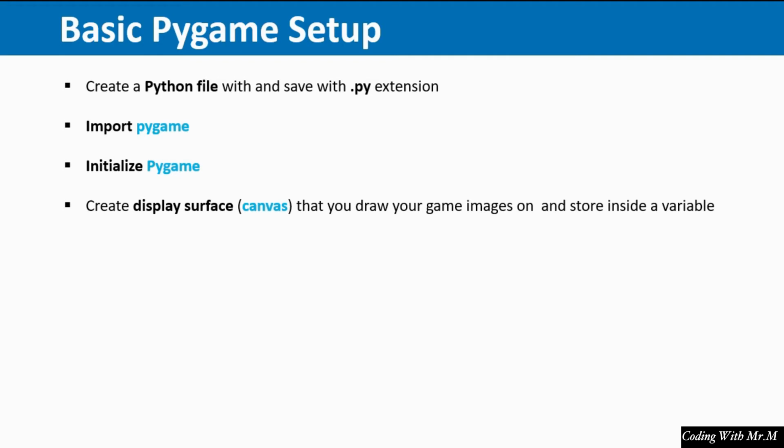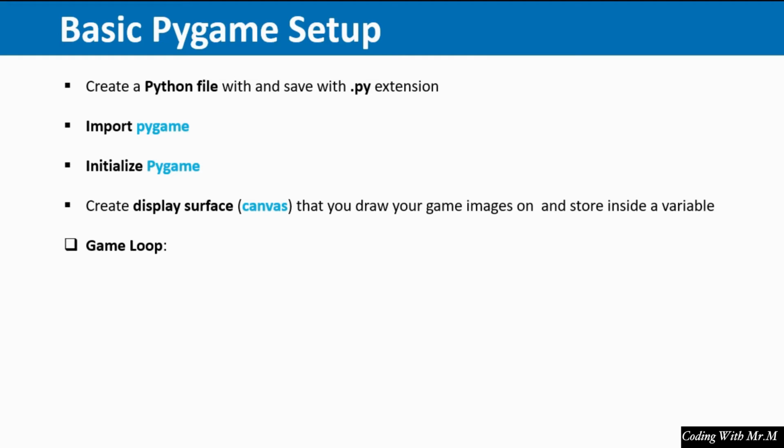Once you have your display surface created and stored in a variable, the next step is to create a game loop. The game loop basically includes the game logic. It also includes the update for the canvas.